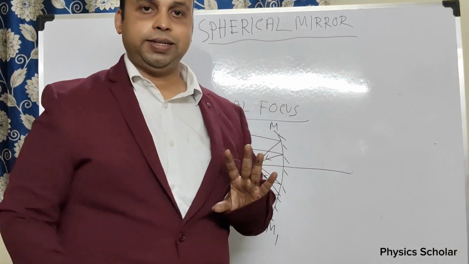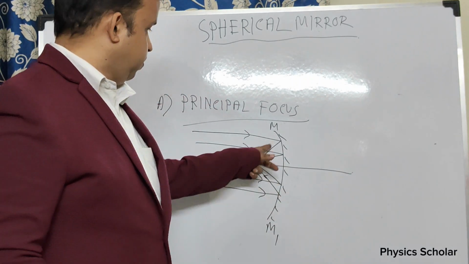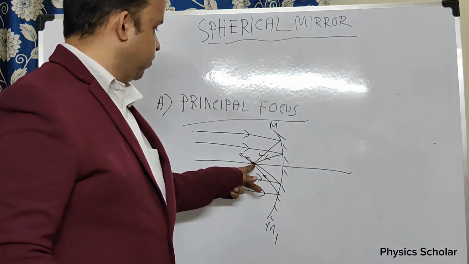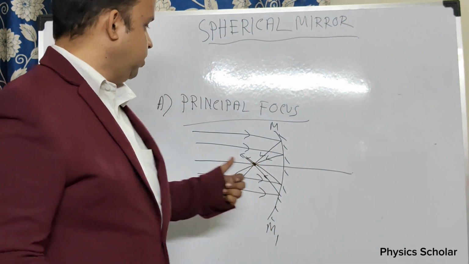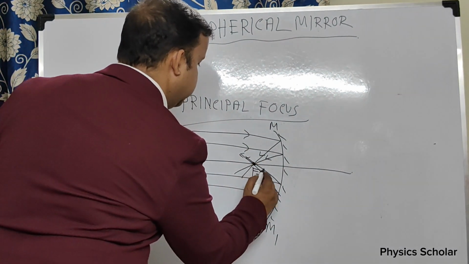After getting reflected by the mirror, the reflected rays will meet at a particular point on the principal axis. This point is known as the principal focus.